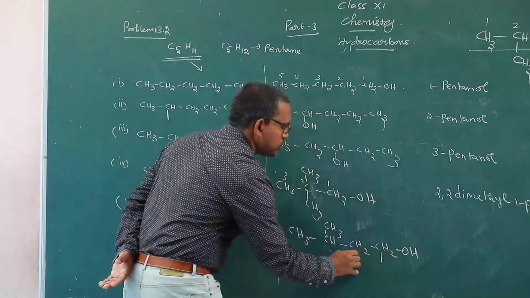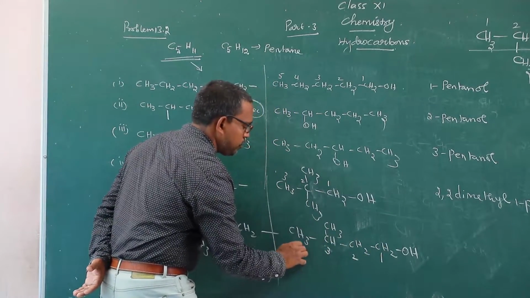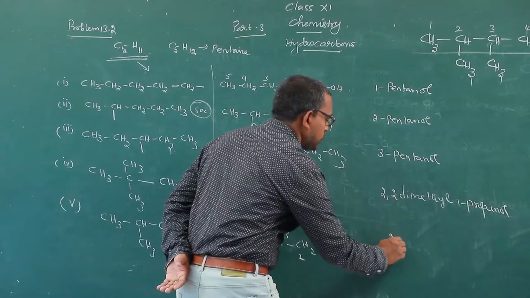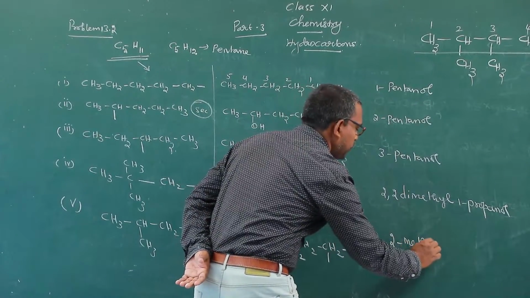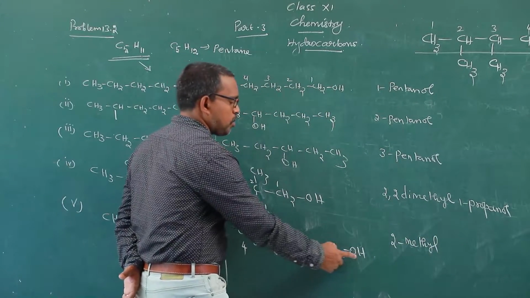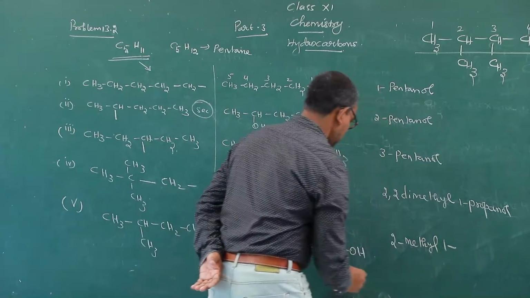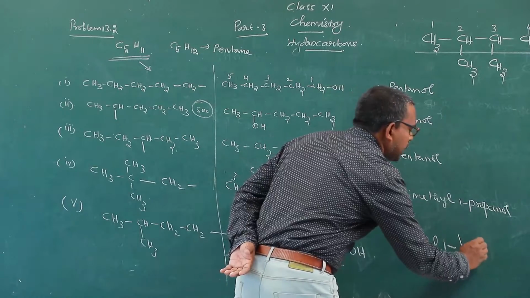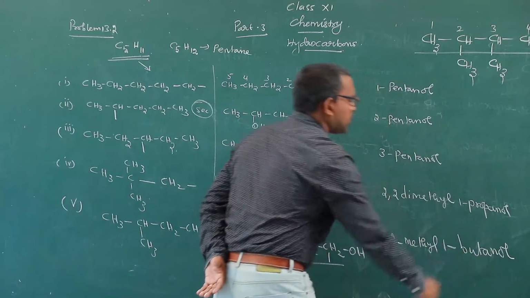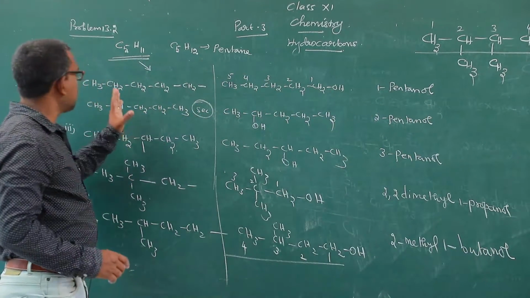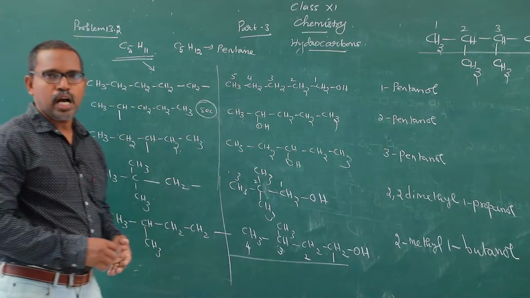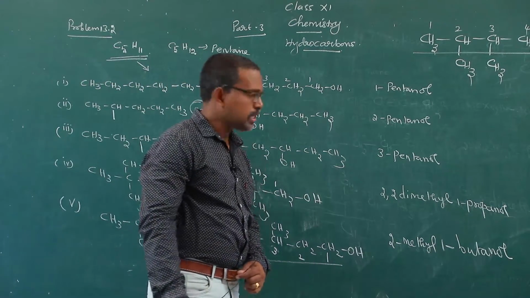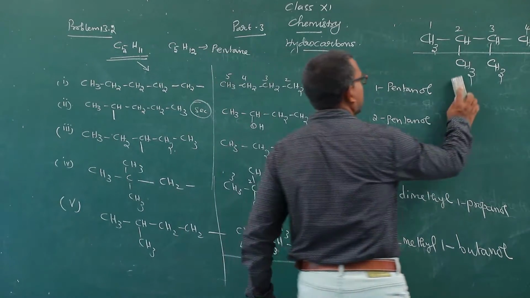Numbering the carbon 1, 2, 3, 4, the methyl group is at the second position, therefore 2-methyl. At carbon number 1 the OH group is present, and there are 4 carbon atoms in the straight chain, so 2-methyl-1-butanol. So these are some isomeric forms, and 3 other isomeric forms are also possible. Listen.